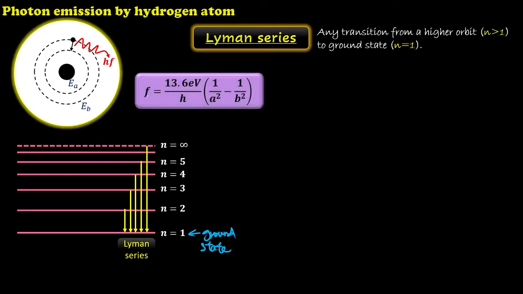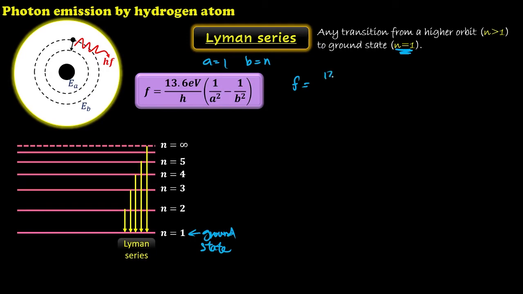For the Lyman series, it will emit a photon which has f equal to this general equation for calculating the frequency of the photon emission. Substitute now, because the final state is n equal to 1. In other words, A will be equal to 1, and B will be equal to n, the higher energy state.